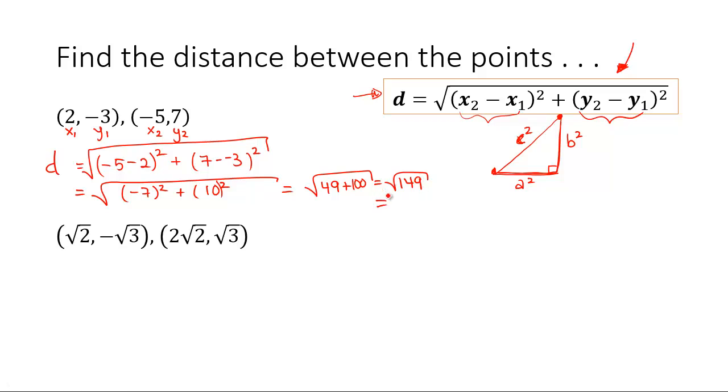And you can approximate that by either putting a little dot above or two squiggly lines, and use your calculator. Root 149 will approximately be 12.2.